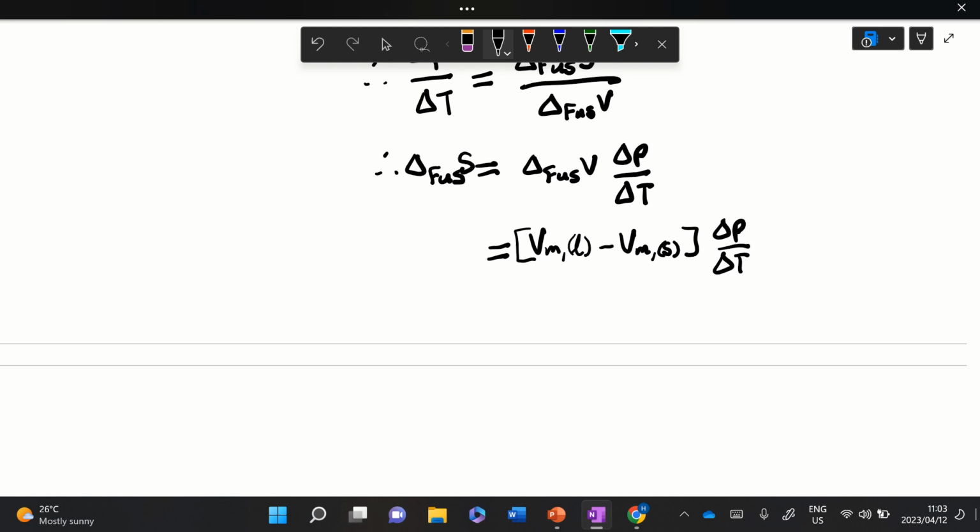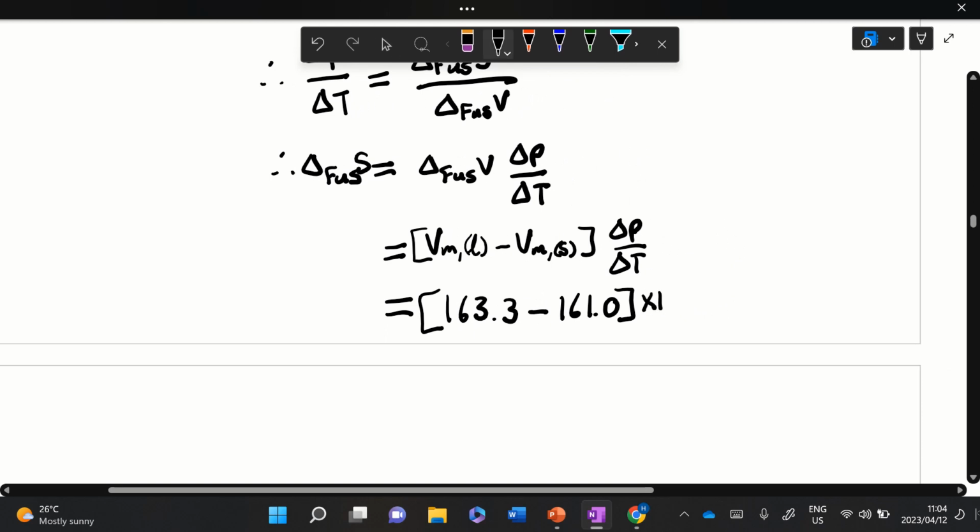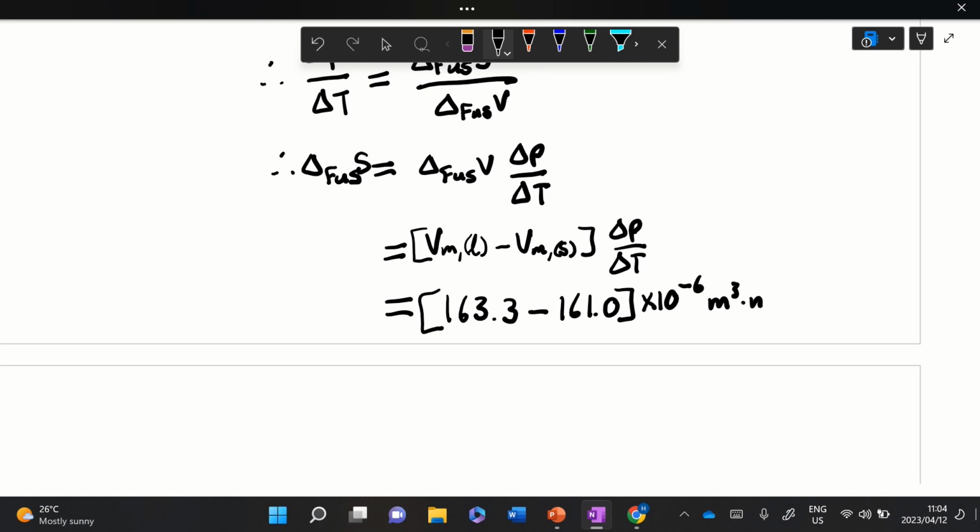We just need to pair up the P and the T values correctly. The molar volume of the liquid is given as 163.3 centimeter cubed per mole, and that of the solid is 161.0 centimeter cubed per mole. But I want to work in meter cubed, so we do that conversion.